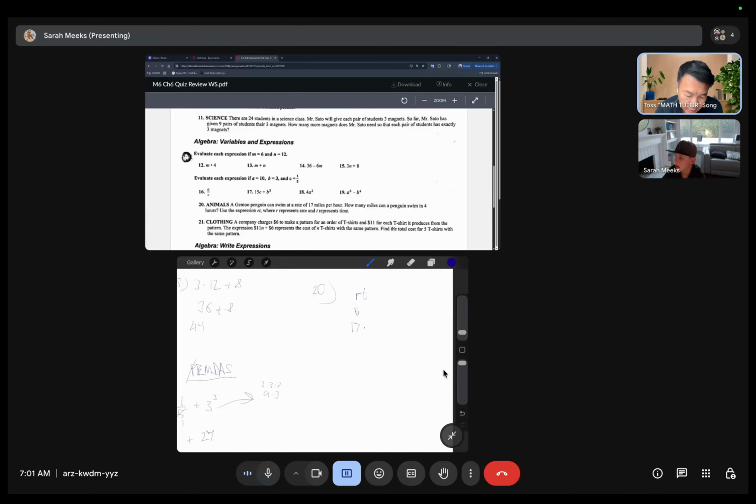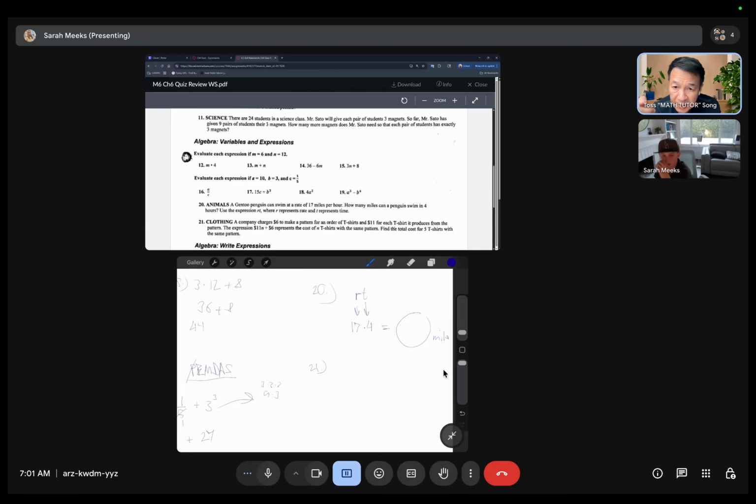R times T. So it's 17 for R, and T will be 4. That means you bring down the T being 4, and then you multiply. I'll let you do the math there, and the unit for that will be in miles. Okay, now I want to do 21.